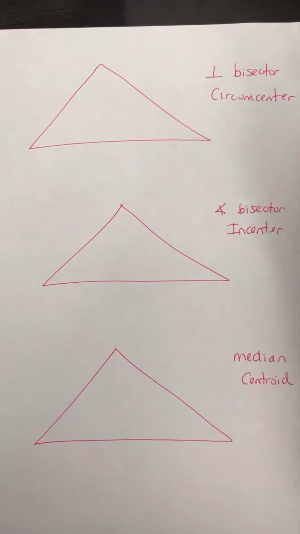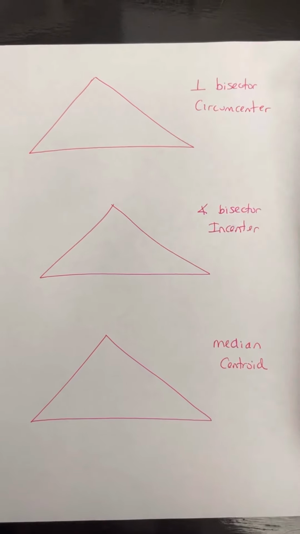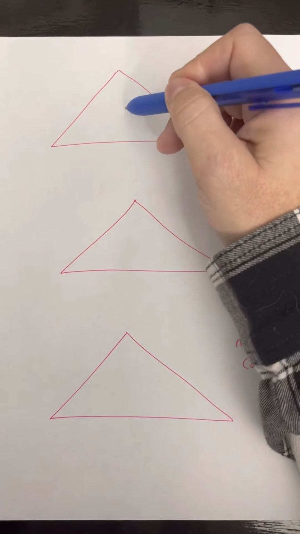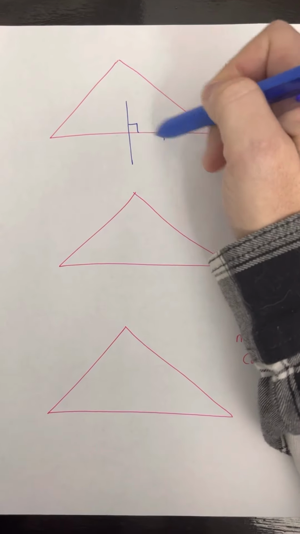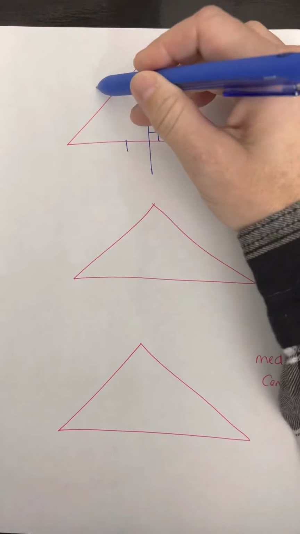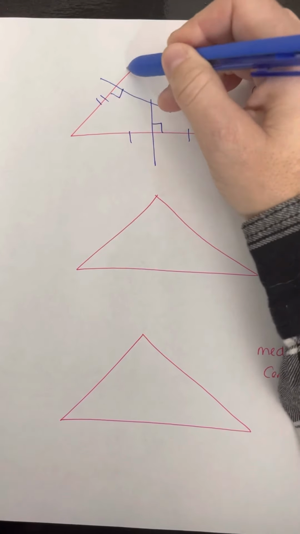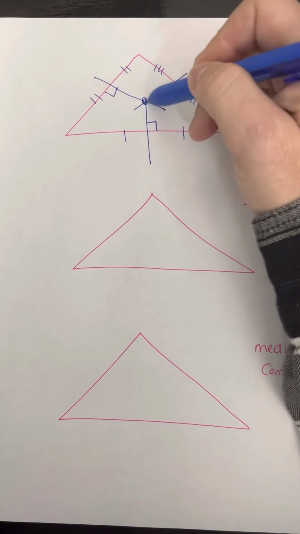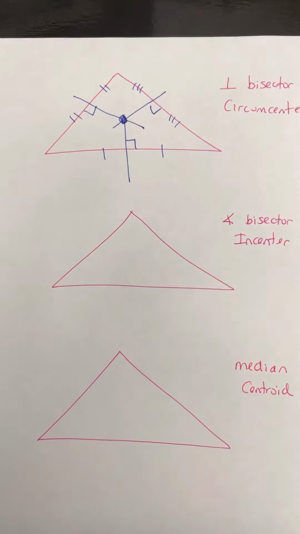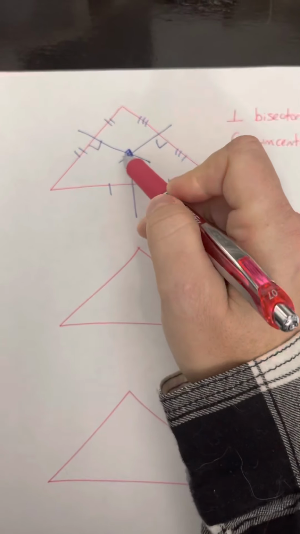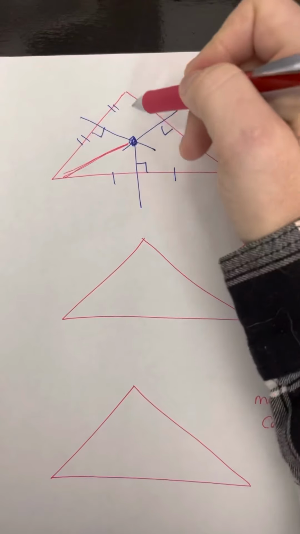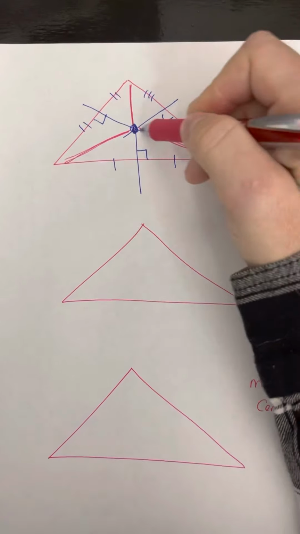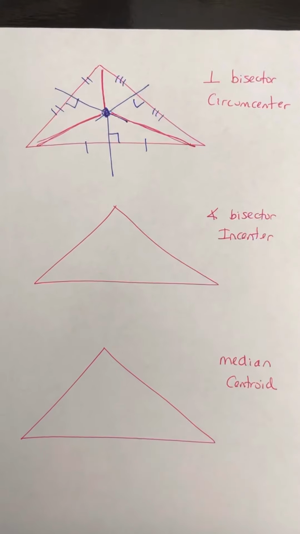Perpendicular bisectors, this is just a quick sketch. This was 5.2. A perpendicular bisector is perpendicular and divides the side into two equal segments. The meeting point is the circumcenter, and it is equidistant to each vertex. I believe that was Monday.